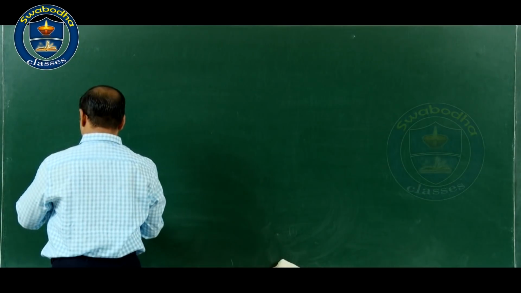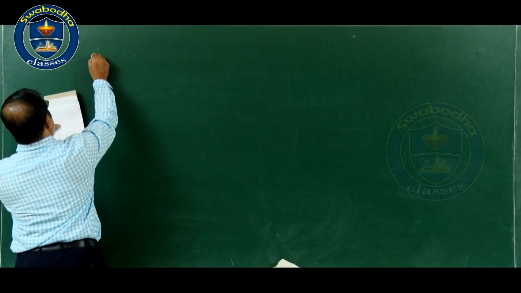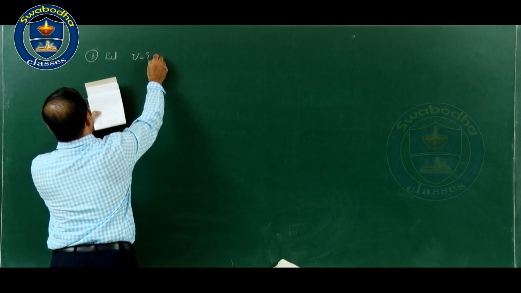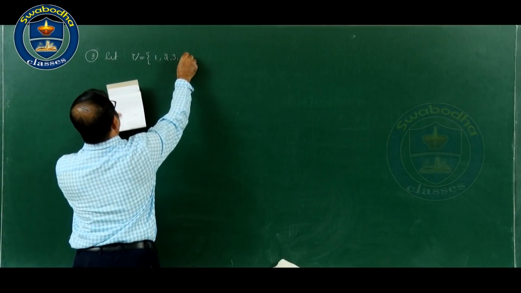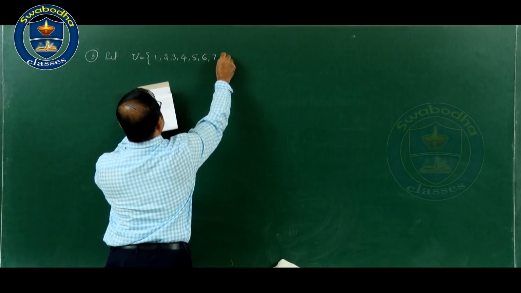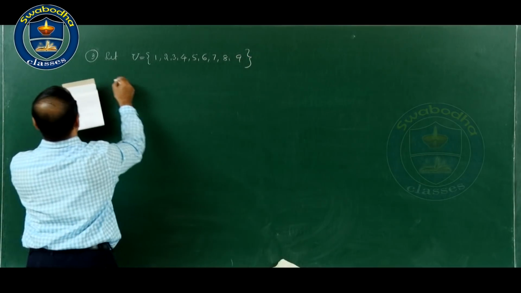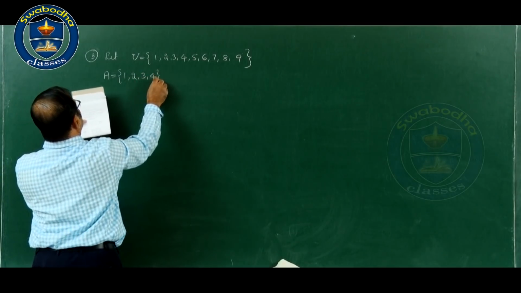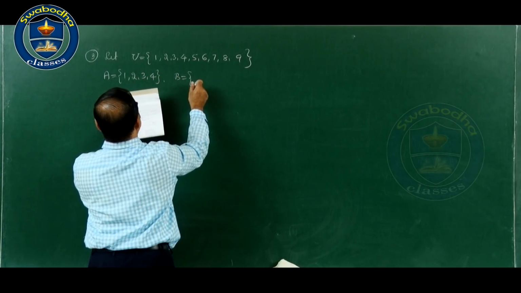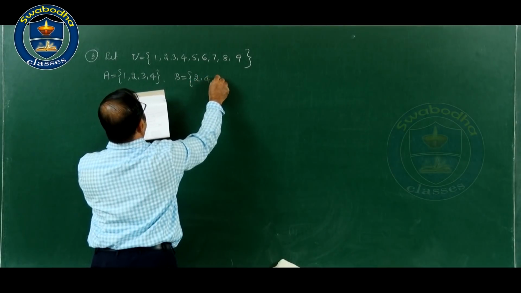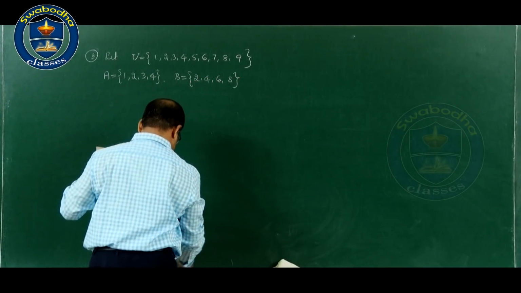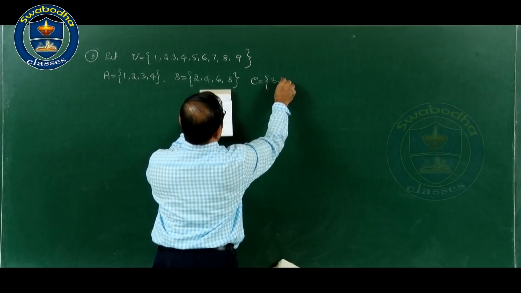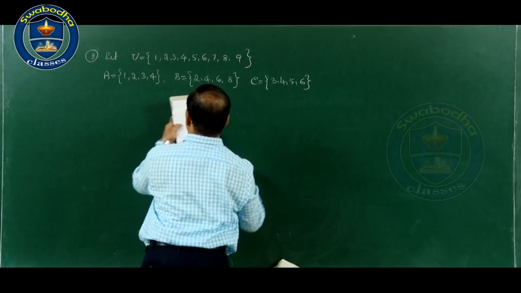Okay. One more example. Let U be equal to 1, 2, 3, 4, 5, 6, 7, 8, 9. A is equal to 1, 2, 3, 4. B is equal to 2, 4, 6, 8. C is equal to 3, 4, 5, 6.